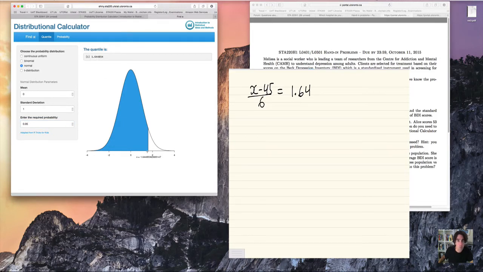So the area to the left of 1.644 is 0.95. So therefore X is equal to 6 times 1.64 plus 45. And if you work that out, that turns out to be 54.84.